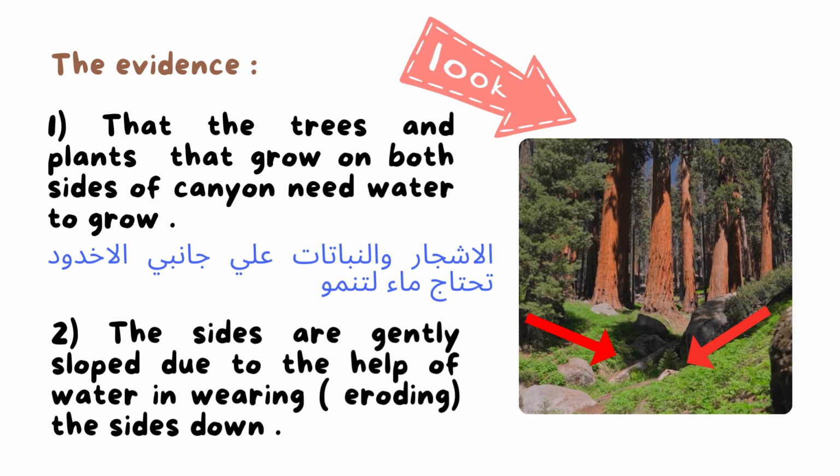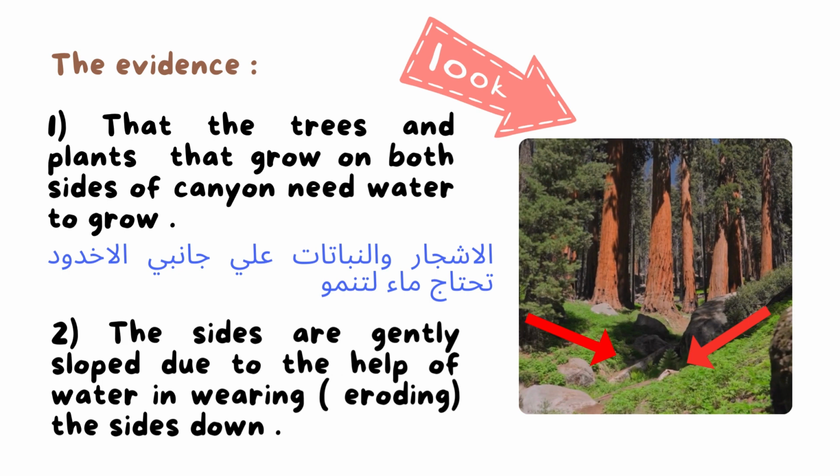First, if we look at this picture, you see what? Yes, the trees and plants that grow on both sides of the canyon need what? They need water to grow. So this place must have water in it to help the trees and plants grow.